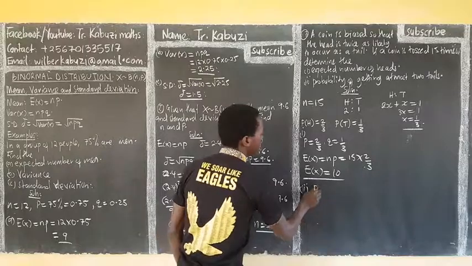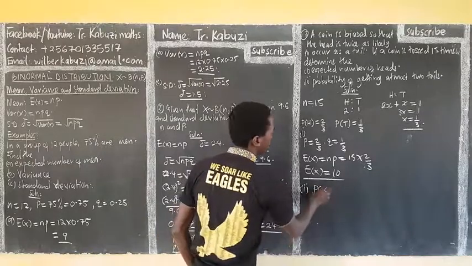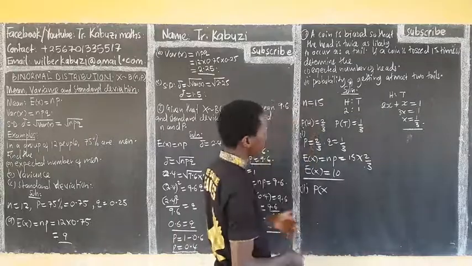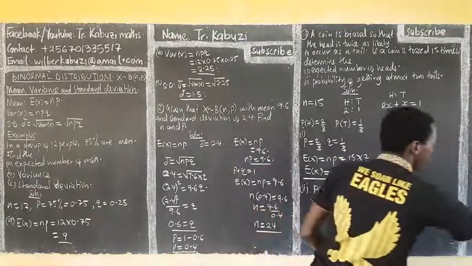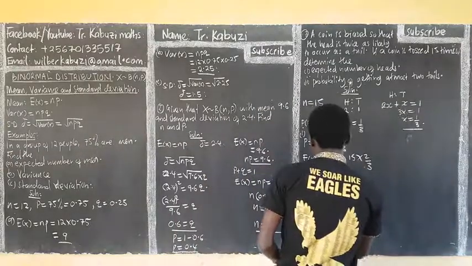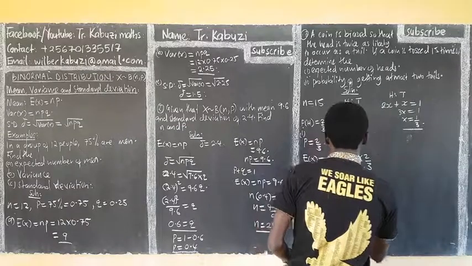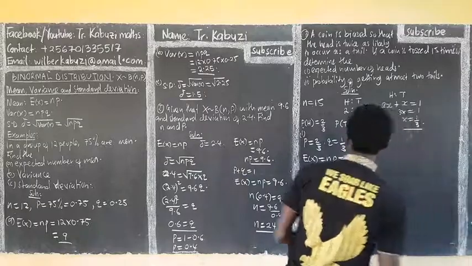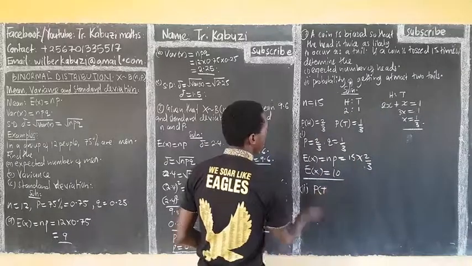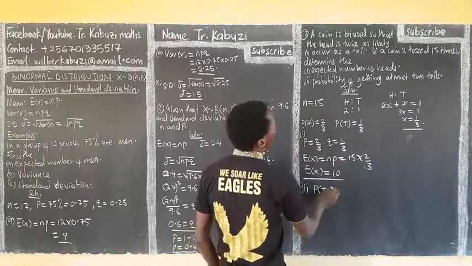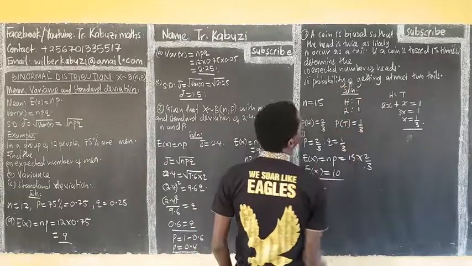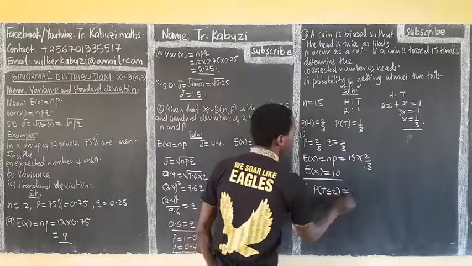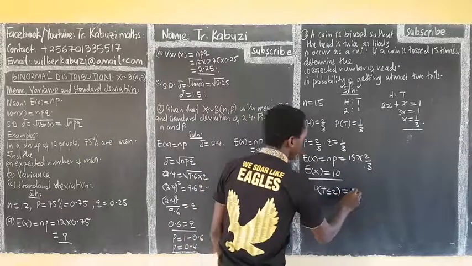Let me call them the tails. At most 2 tails means up to 2, so this will be from 2 down to 0.